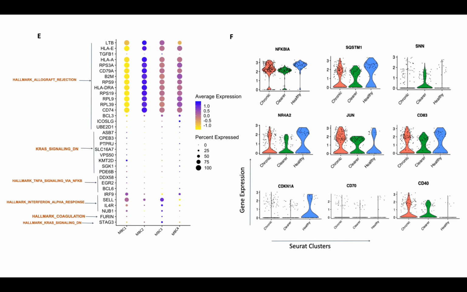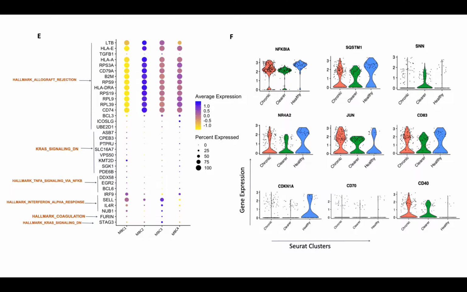And this is the presence of different cell types, memory B cell 1, 2, 3 and 4, different clusters, and how different pathway genes are expressed in these cell types.